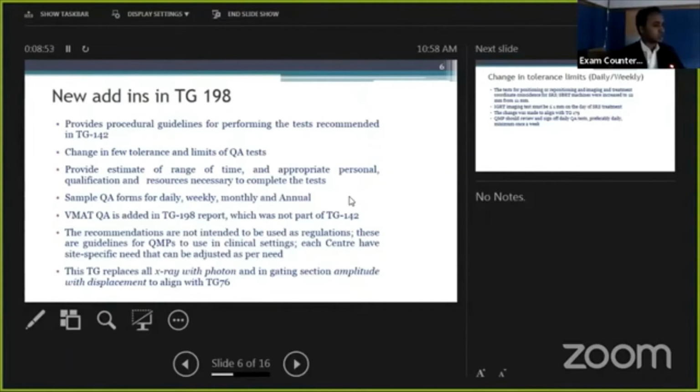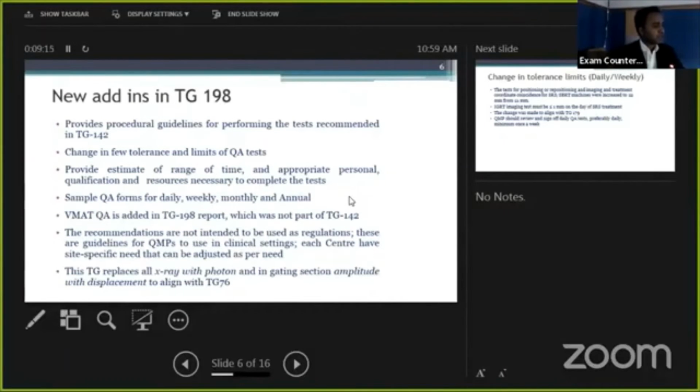So this report talks about the estimate of range of time. Appropriate personnel who should do the daily QA test, the monthly test, the annual test. Who are the appropriate personnel for doing those tests? Qualification and resources. Sample QA forms for daily, weekly, monthly, and annual are given in this report.